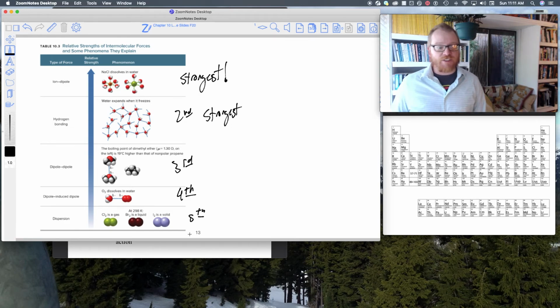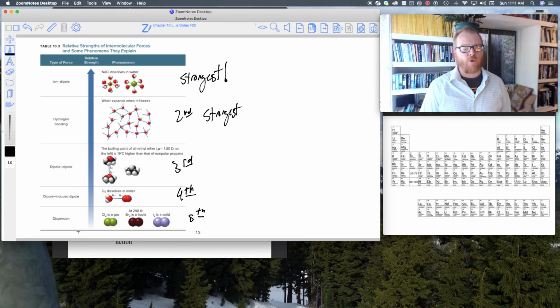Now, what's interesting, though, about this dispersion force, I'm going to show you some examples later on. The dispersion force can actually become incredibly strong when the molecules are quite large. For example, I showed you that octane, which is nonpolar, it can only do dispersion forces. It has a boiling point of 126 degrees.